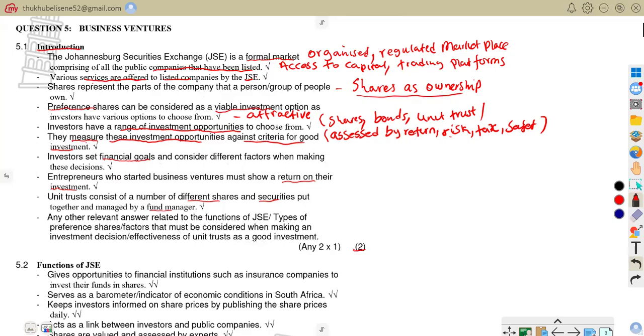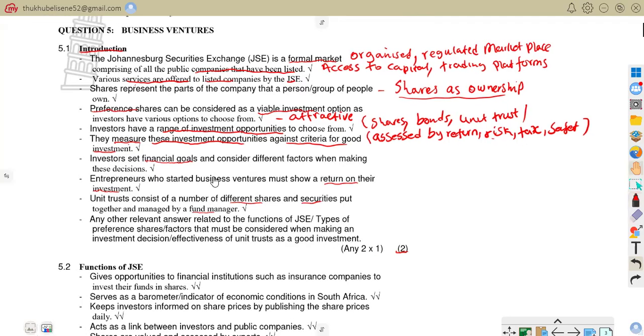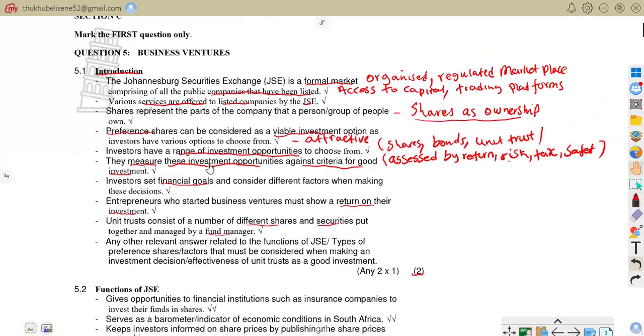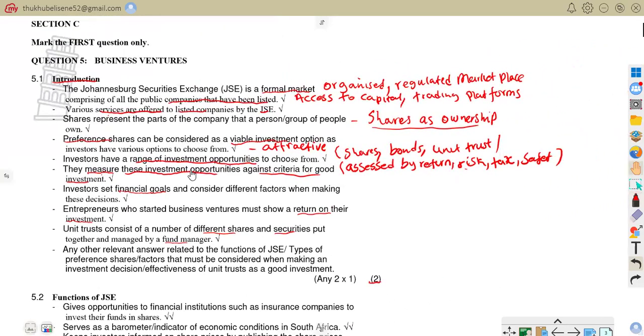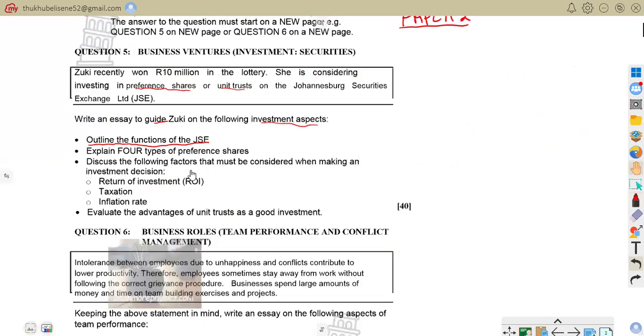Now we are moving on to the aspects. As you can see, we are asked to outline the functions of the Johannesburg Securities Exchange.